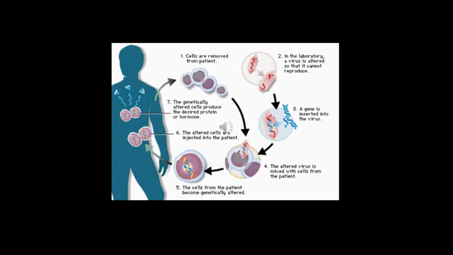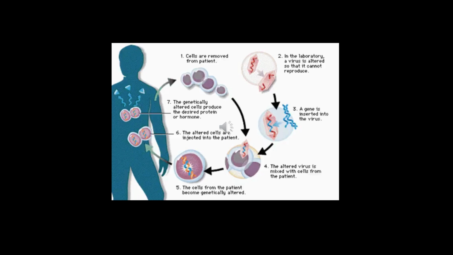As I told you before, vectors act as vehicles that carry the genes from one organism to the other organism, like a host cell. The next step is that the altered virus is mixed with the cells from the patient. This altered virus, which has no capability to reproduce, now mixes with the cells of the patient, as the patient's cells have been removed.